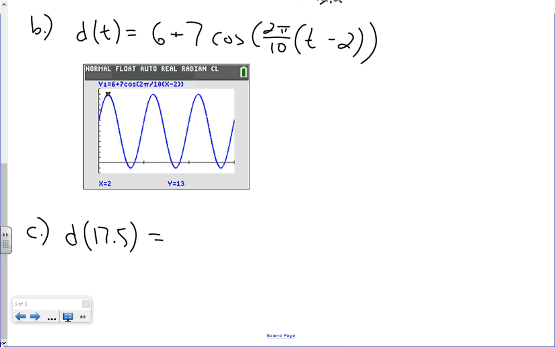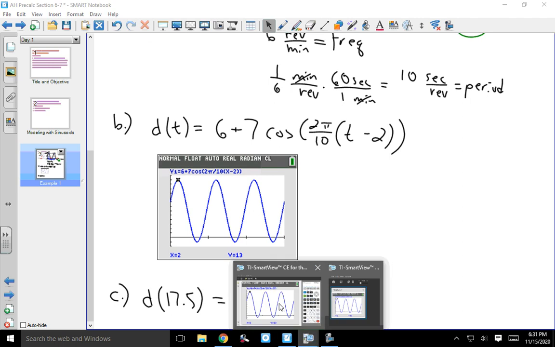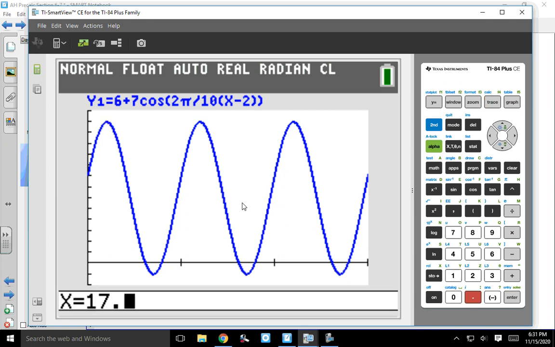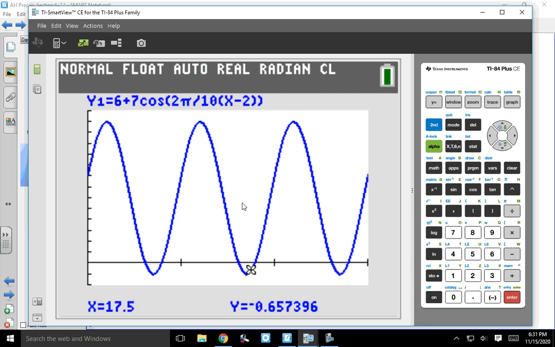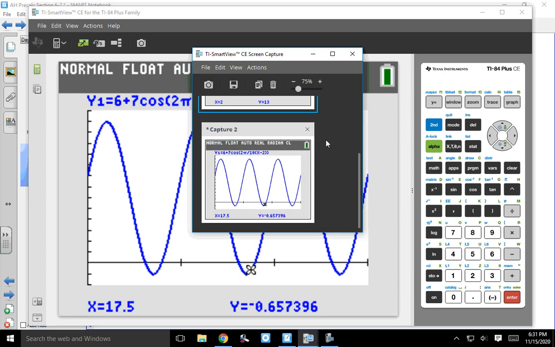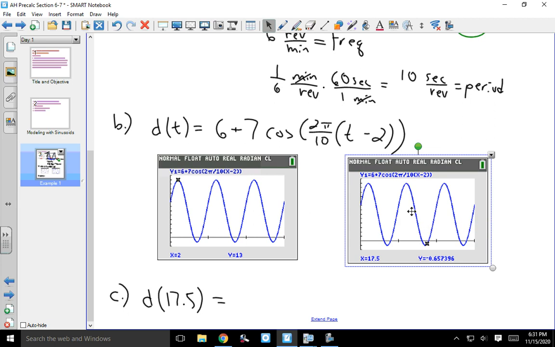So let's go back to our calculator. Actually, since we're in graphing mode here, we might as well just hit trace again and go to 17.5. There we are. Grab a picture of that. Yeah, I'll just leave it up there, actually.